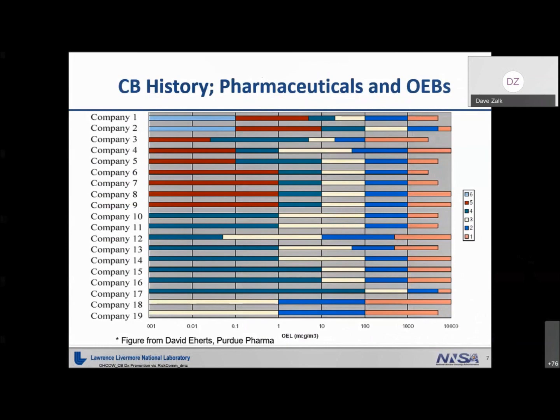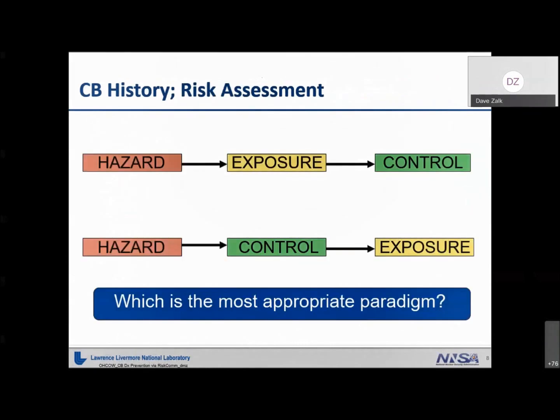And that's one of the issues with this: each company has their own banding process, so there's nothing aligned for all the companies. And also, this is considered an expert base. You need a toxicologist to be able to figure out what chemical compounds they're working with in the research lab and to be able to apply that information into a band. So you really can't do it without having experts.